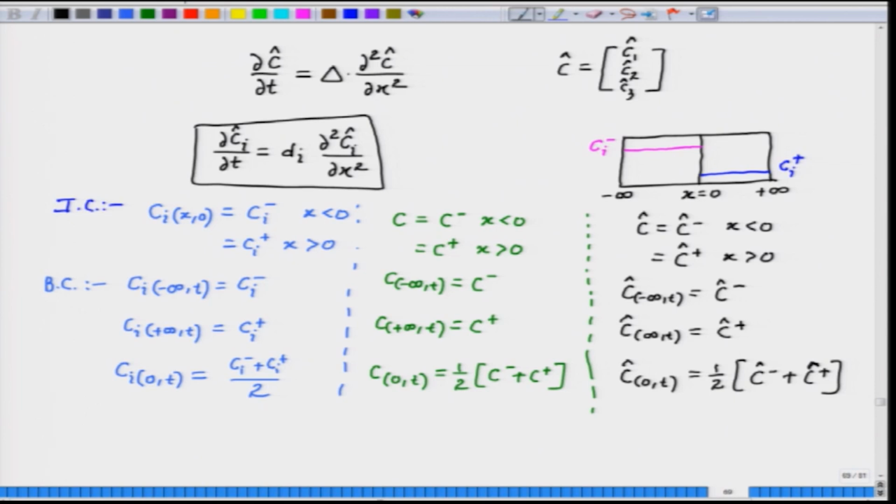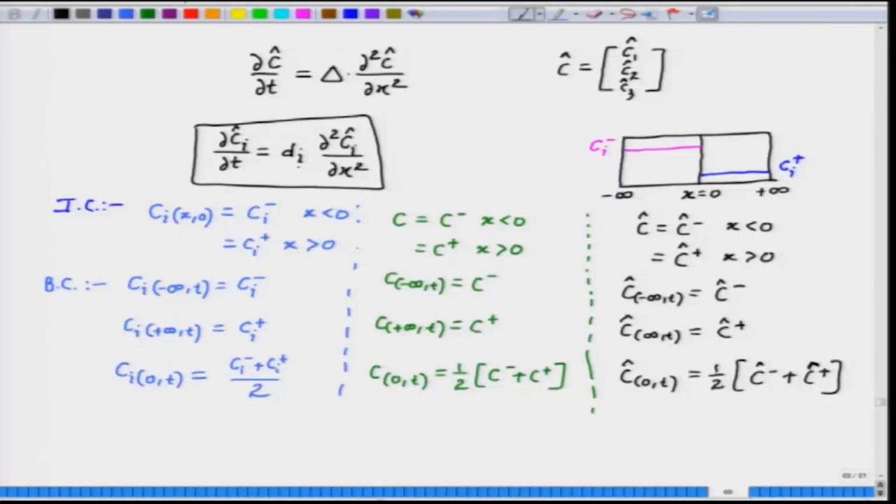So, if we write in terms of individual components, C I's or C I caps, then we will see that we have now obtained a decoupled partial differential equation with the initial and boundary conditions which we have solved before for binary diffusion.